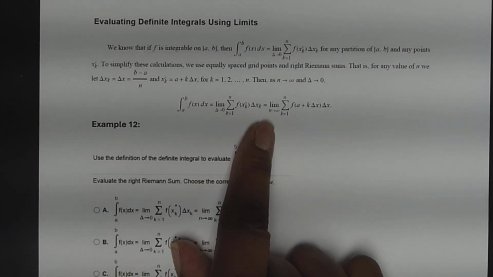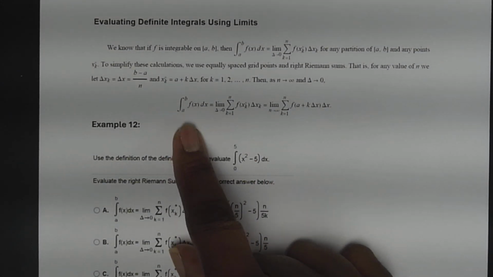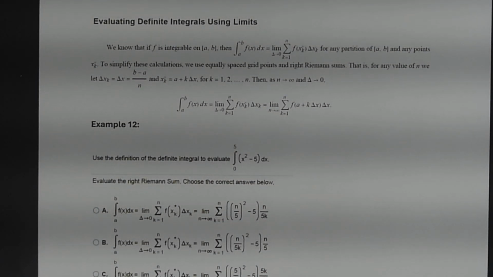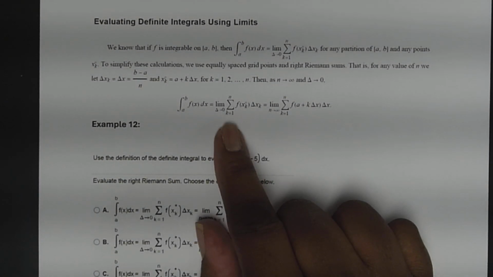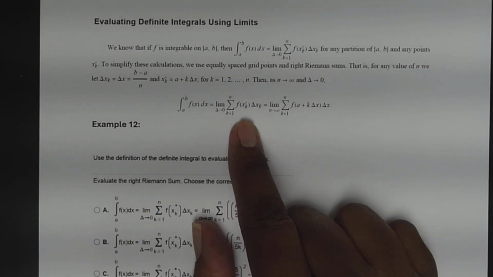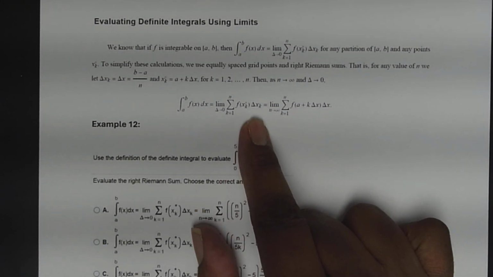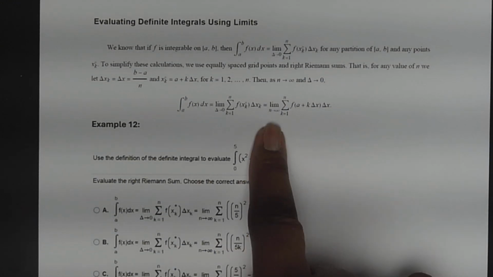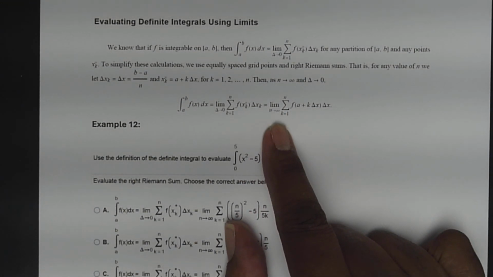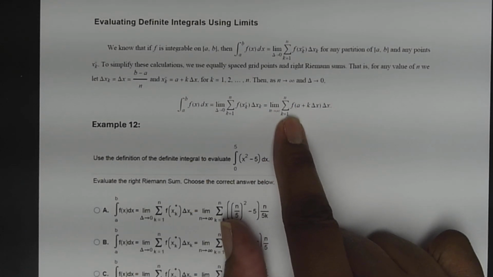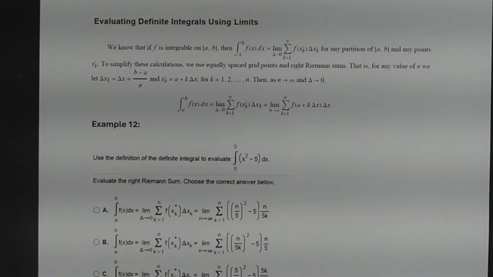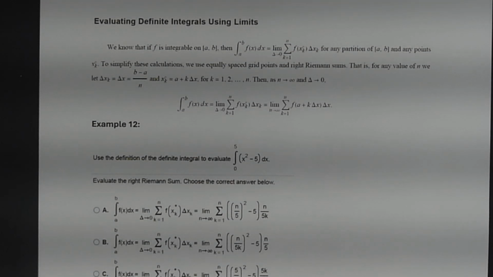So here's what we have. The integral from a to b of f of x dx equals the limit as delta approaches 0 of the summation for k equaling from 1 to n of f of x star sub k times delta x. That would be the limit as n approaches infinity of the summation for k equaling from 1 to n of f of a plus k delta x multiplied by delta x.